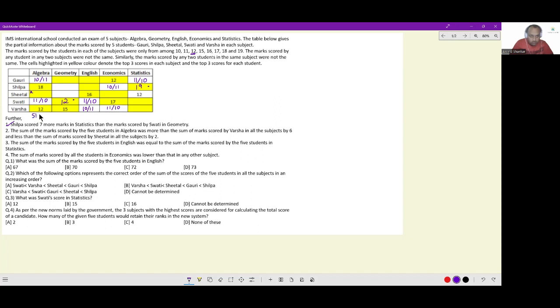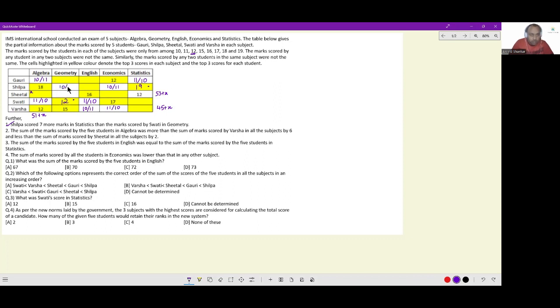So the total here is 51 plus X. And we are told this is greater than Varsha's score by 6. So the total for Varsha's row has to be 45 plus X. We are also told this is 2 lower than Sheetal's row. So Sheetal's row has to be 53 plus X.